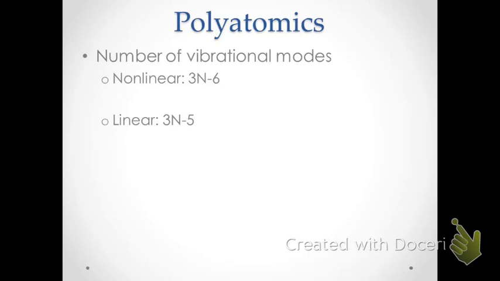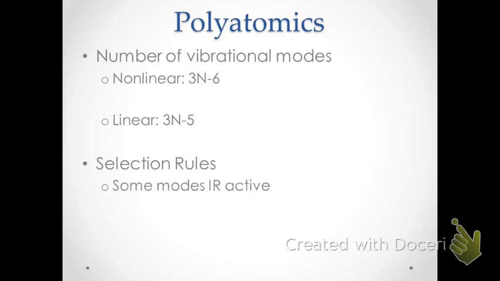For a linear molecule, the rule is there are 3n minus 5. So consider carbon dioxide, which is linear, with 3 atoms. So it has 4 vibrations, different types of vibrations. Now, whether these vibrations are observed in an infrared spectrum depends on whether the dipole moment changes.